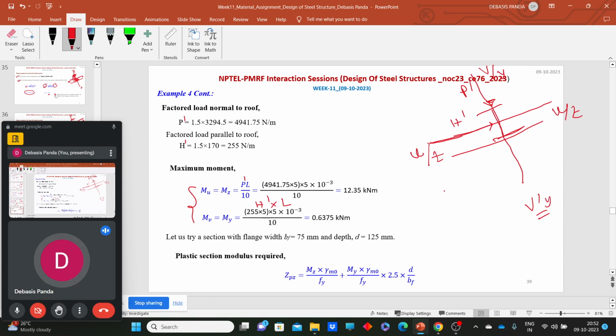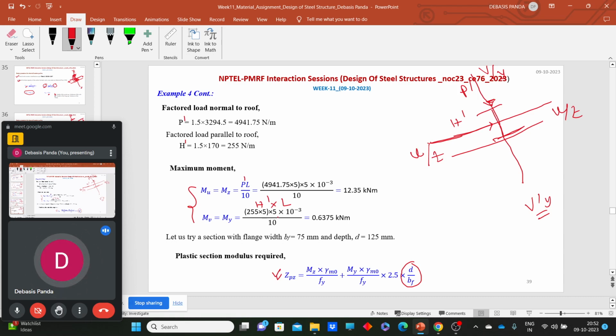What should be the next step? We need to select one particular section, and the selection criteria is based on the moment about two axes and some empirical formula referred by Gaylord et al. Now let's say in this formula these two parameters are unknown, d by bf, or more precisely we don't know the d value and bf value.